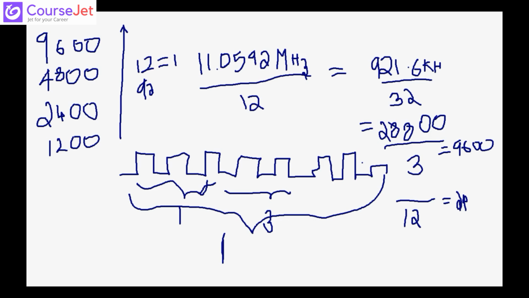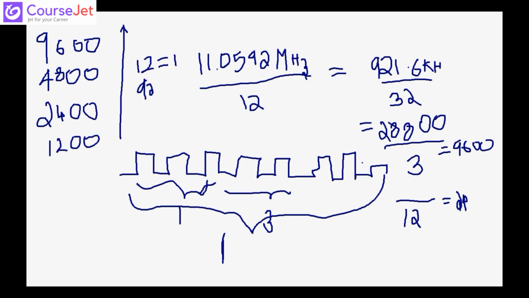That operation up to 28,800 is done by your circuitry itself. You are using this 11.0592 megahertz only, but you are simply dividing it. Even though you have 11.0592, you will not consider it as that many pulses.